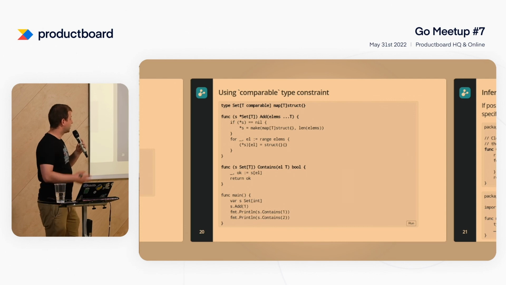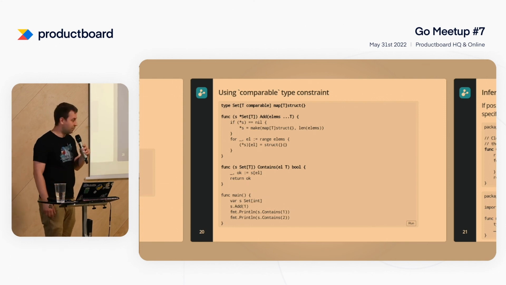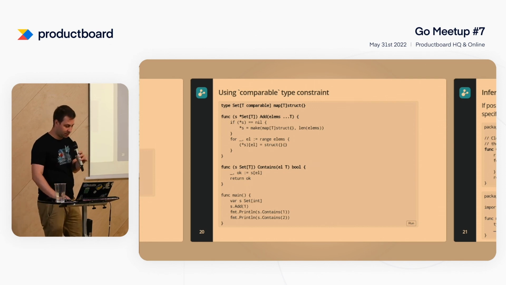But also, as I said, comparable is a bit limited. The thing is that there is a different set of types, like comparable, or what's hashable.